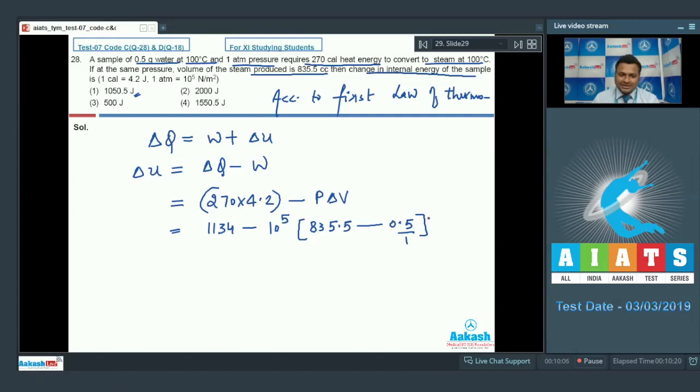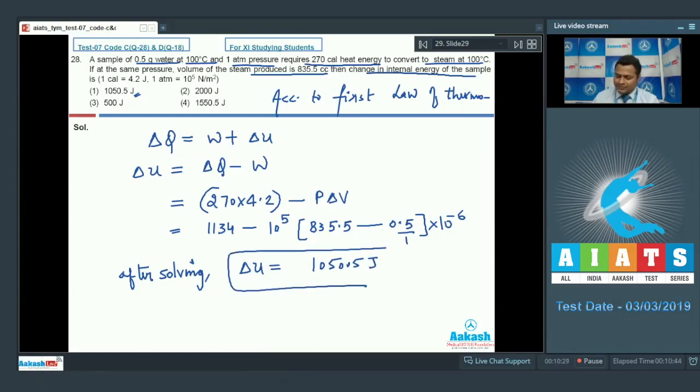But we have to work in SI system, so we convert to meter cube by multiplying with 10 to the power minus 6. Now after solving, we will get the net change in internal energy as 1050.5 joule. So after looking at the answer, we go with option number 1, which will be absolutely correct.